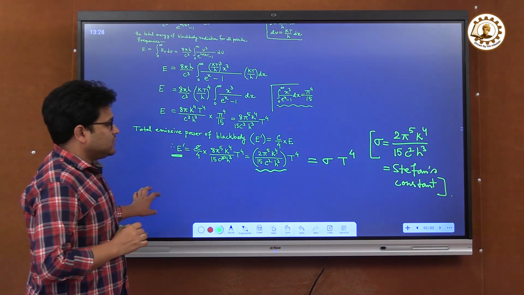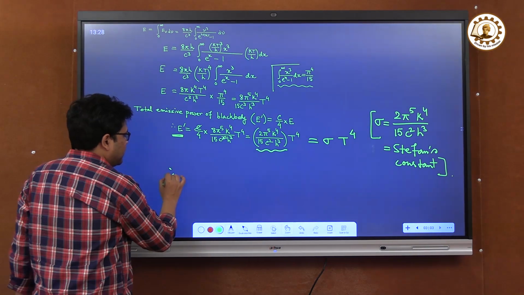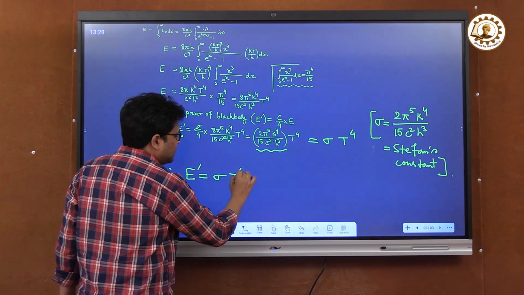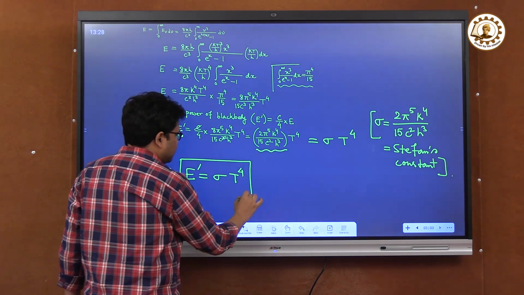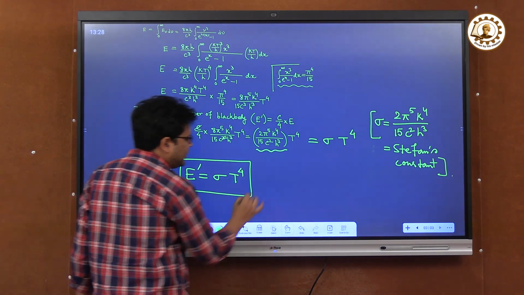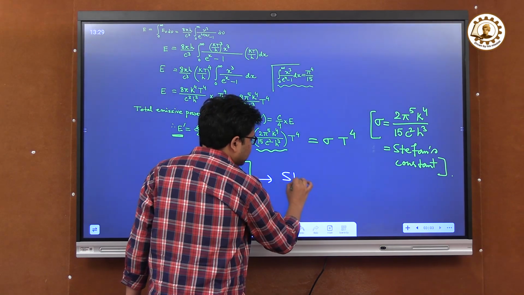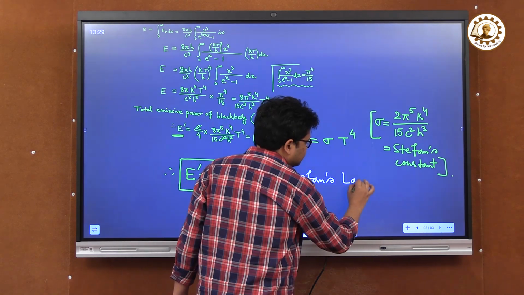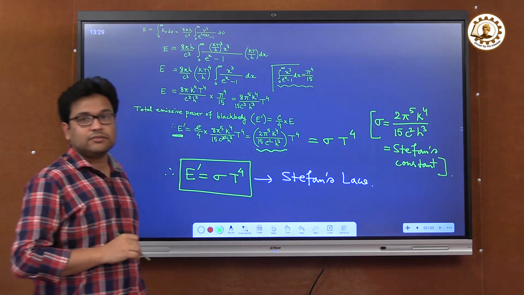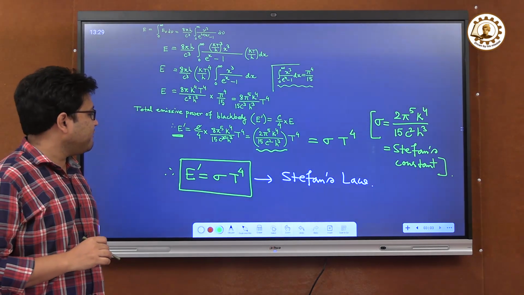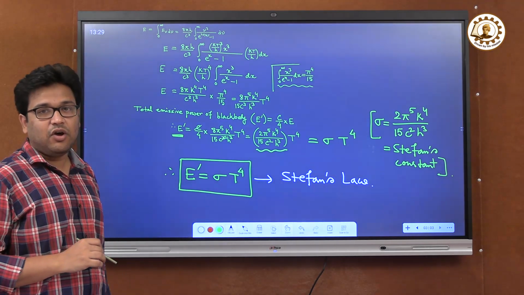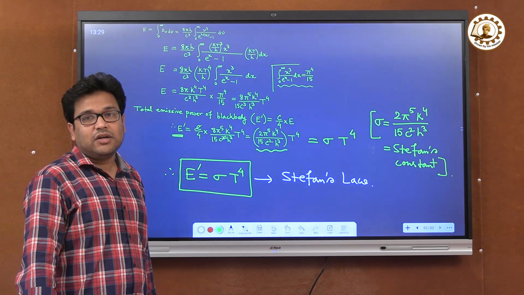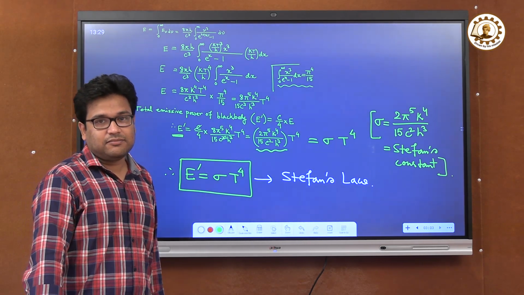So the total emissive power E prime equals sigma T to the power 4. It is our well-known Stefan's law. So students, here we have derived Stefan's law from Planck's law of radiation. Hope you will find this video useful for your examination purpose. Thank you for watching. See you in the next video.